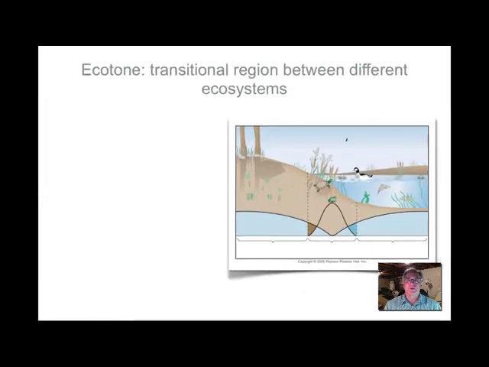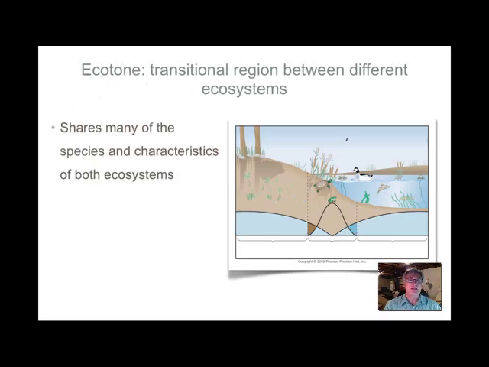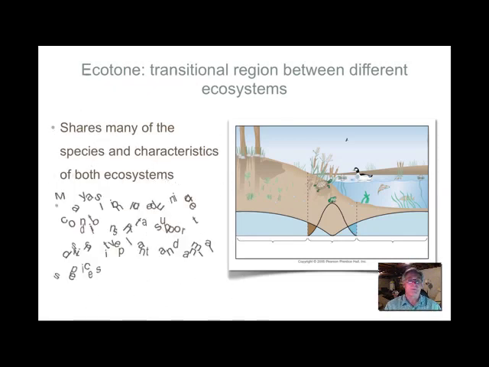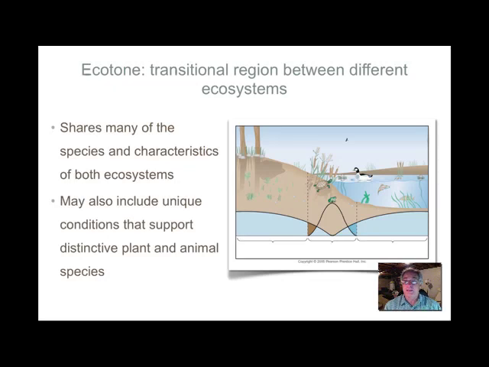Now, these transitional zones not only happen in terrestrial ecosystems, but also in aquatic ones as well. If you take a look at this one, the same thing applies. They share many of the same species and characteristics, because the abiotic factors here have a huge role in it. And then they continue to have very unique specifications so that plants and animals can coexist in this particular environment.